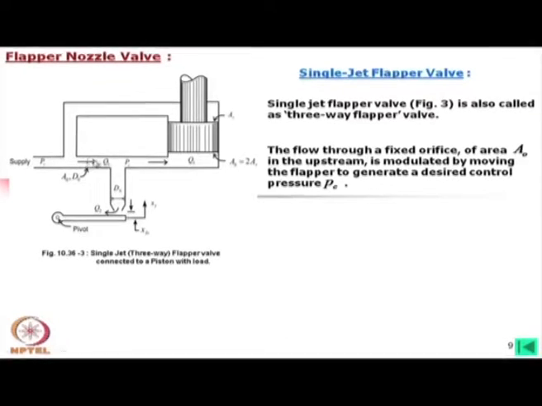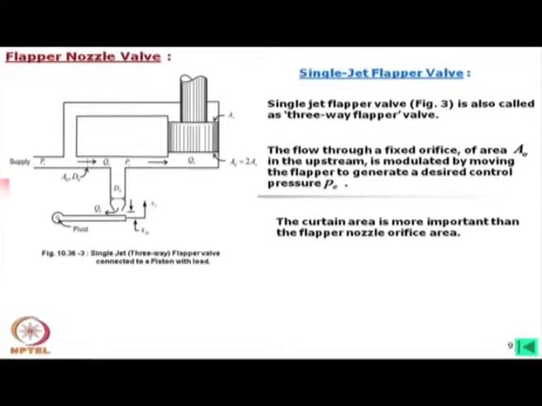This flow can further be controlled by moving the flapper. If we move it so that this is closed, you will find that pressure will increase. Since the system pressure remains the same, due to this increase in pressure there will be less flow, and this will be controlled. Whereas in this direction there is no orifice. So this is what we call the upstream flow.